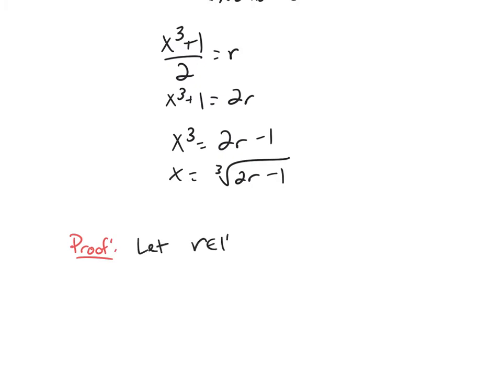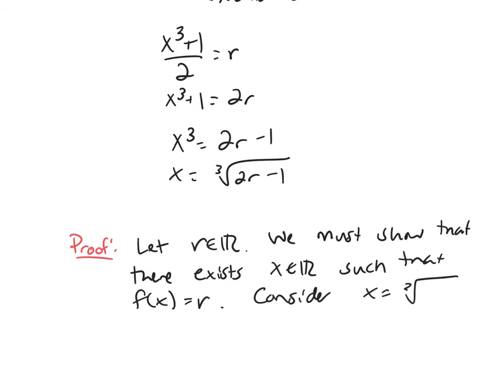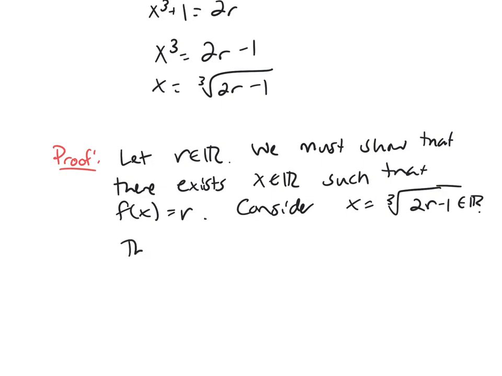Let R be in R. We must show that there exists an x in R such that f of x equals R. Consider x equal to the cube root of 2R minus 1, which is in R. Then I'm going to plug that in place of x into my function, the cube root of 2R minus 1.